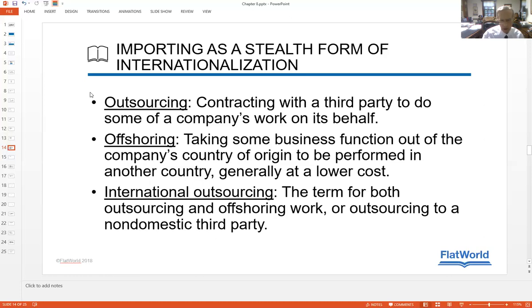So it's often impressive to see just what a large portion of U.S. income tax returns are actually prepared by firms in India.